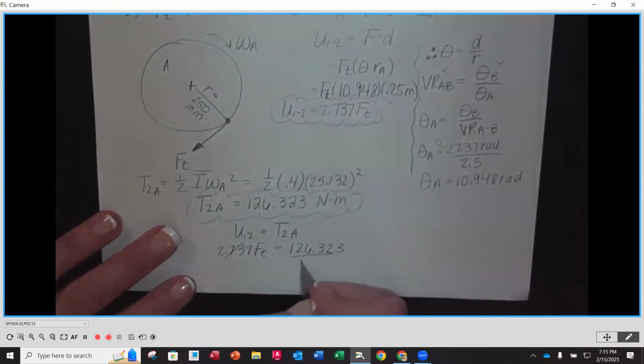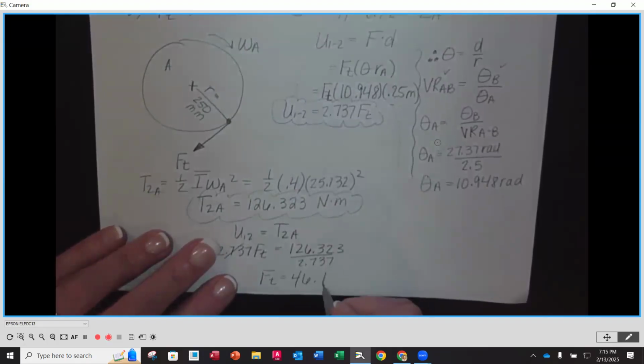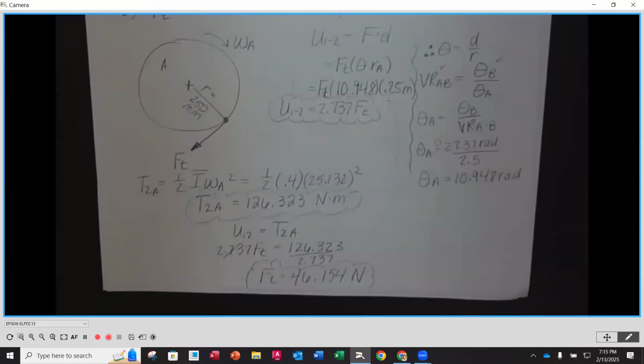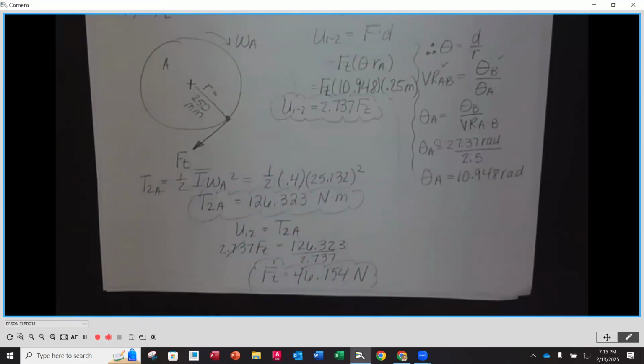Dividing both sides by 2.737, our FT is 46.154, and that's going to be newtons. That is the force then that is transmitted when gear A and gear B are in mesh.